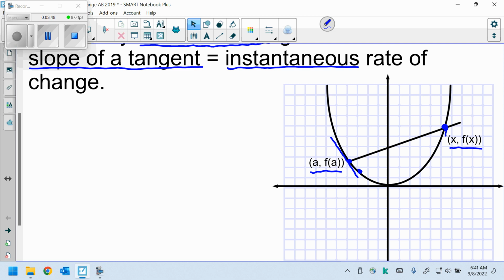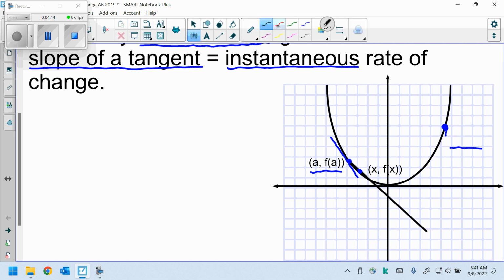Let's move x, f of x over here. Let's move the second place that this line hits the graph. Let's move it right over there. Well, if I do that, that's getting closer and closer to being a tangent line.